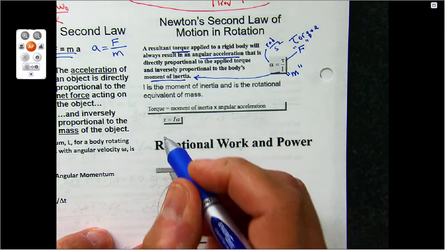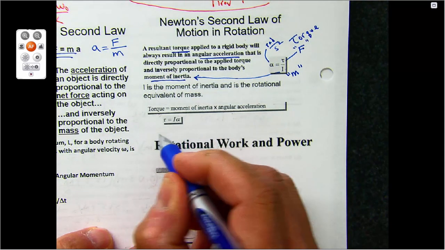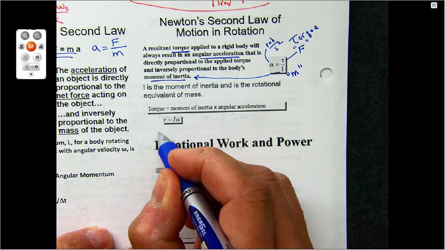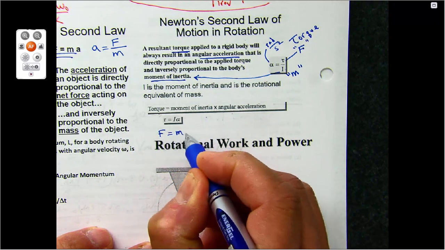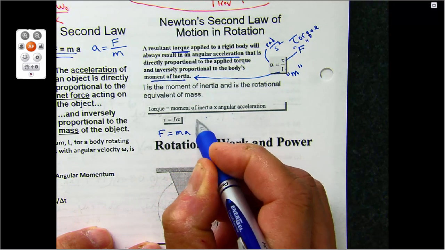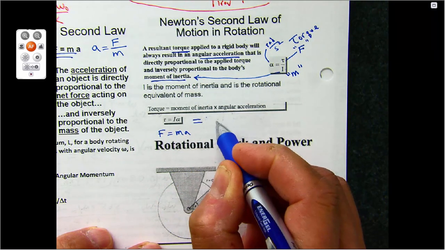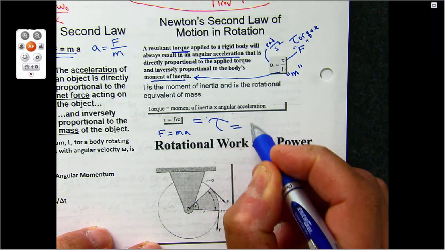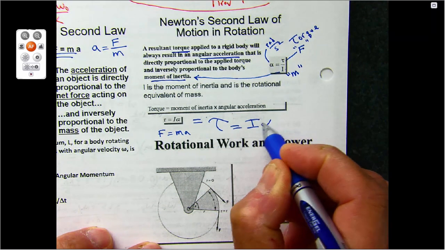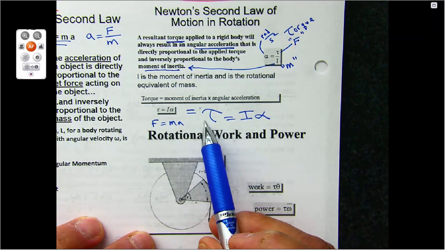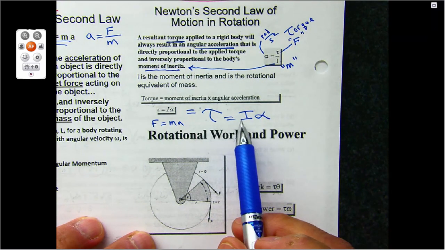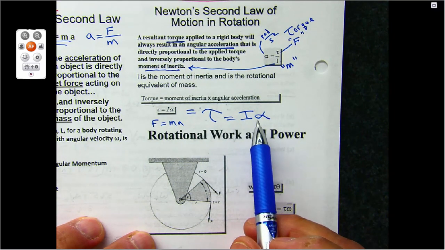So instead of F equals ma, we simply have here torque equals I alpha. Torque equals the rotational equivalent of mass times alpha.